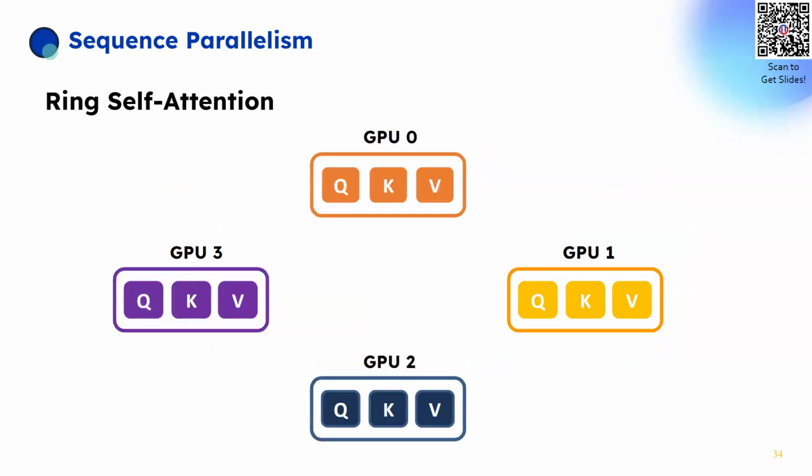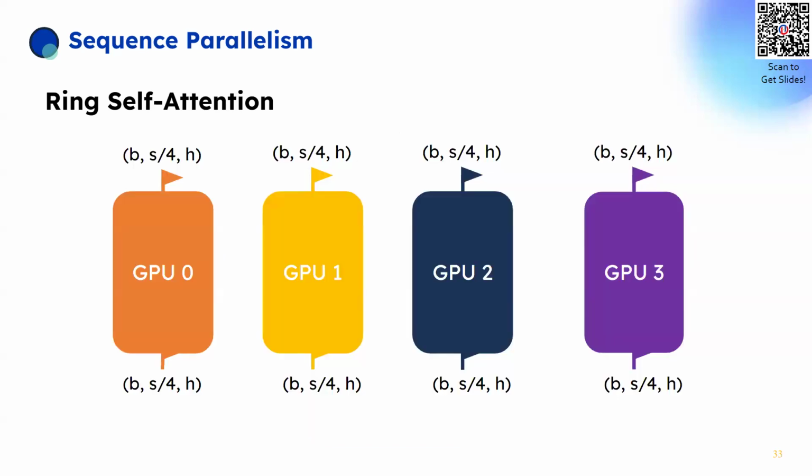Now, how can we do that? The idea here is we should minimize the communication. Because I partition the sequence, now this sequence has 1K tokens. So here, 1K divided by 4 is 256.